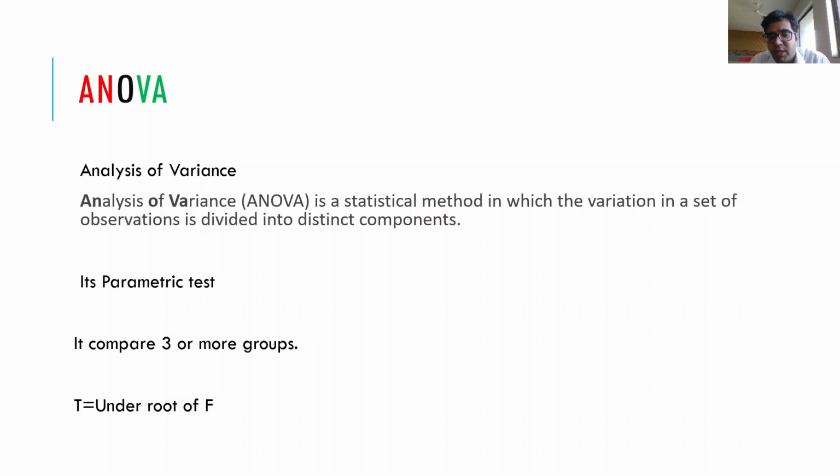It compares 3 or more groups, but sometimes we can also apply ANOVA when there are 2 groups. Basically, it is a type of t-test only. We are doing calculations on the basis of means only. When we compare the t-test and ANOVA, always remember that t is equal to the square root of F, and the F-test is also referred to as ANOVA.